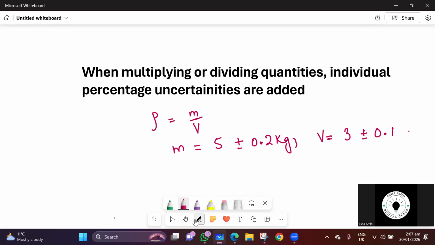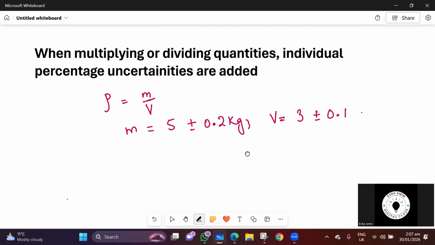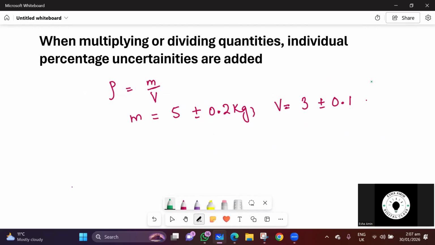We have to find the density and its absolute uncertainty.